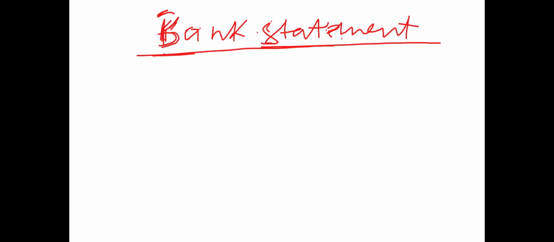So the transactions that we have in that bank column of the cash book are going to be the same transactions, but the only difference is that the way items are recorded in the bank statement is a little bit different from the bank column of our cash book.